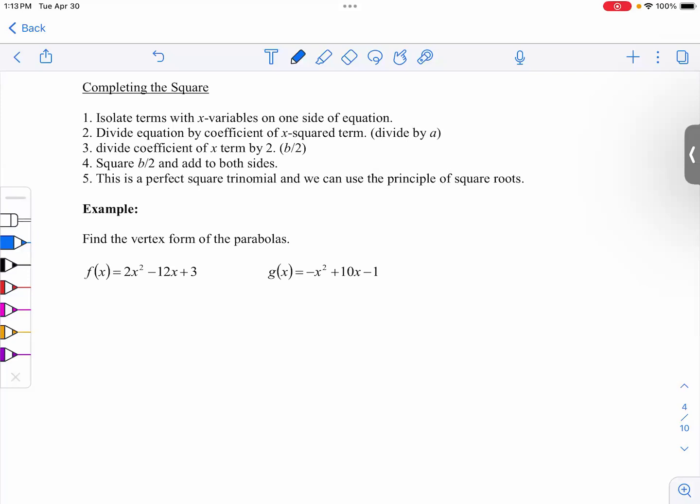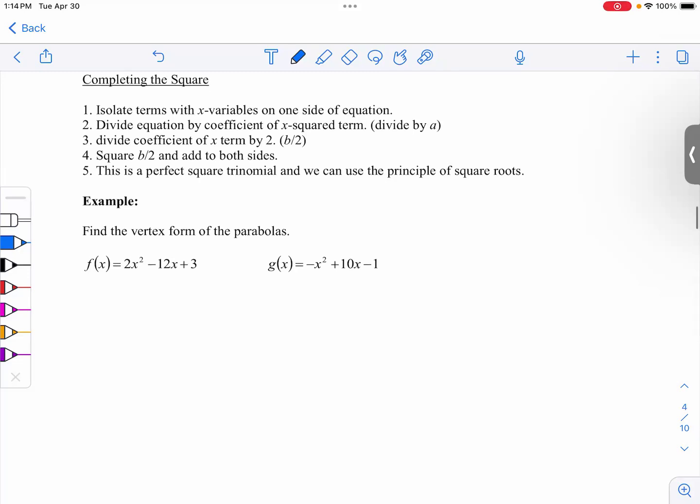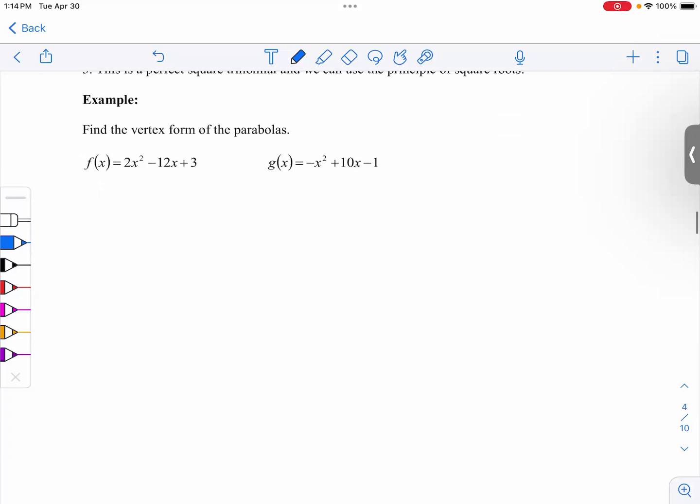So to that end, let's practice completing the square yet again. We should be just tip top at this, but it never hurts to keep practicing. So these are all techniques that we've done before because I have these parabolas in standard form, and this same concept is going to extend to our other graphs as well.